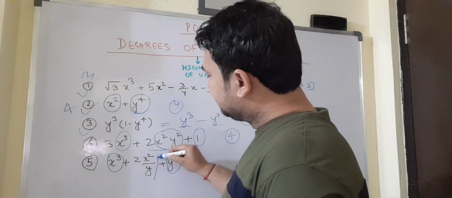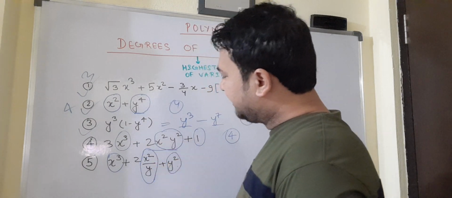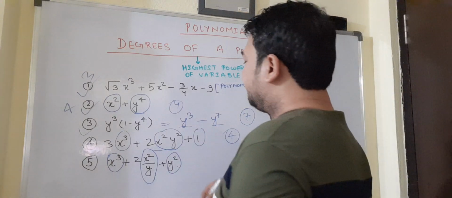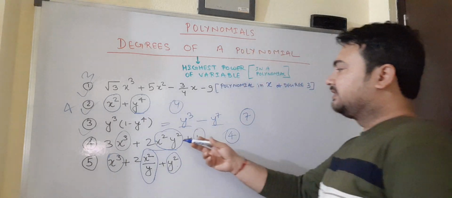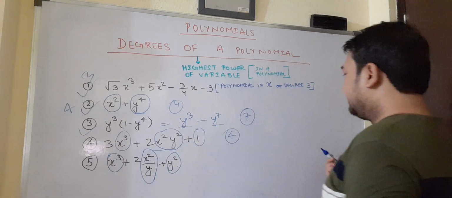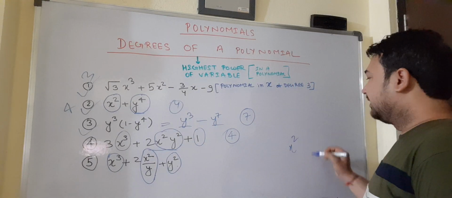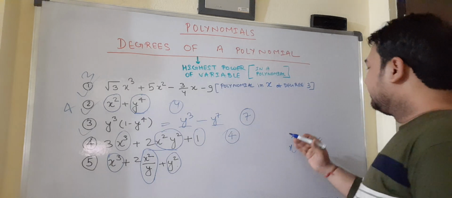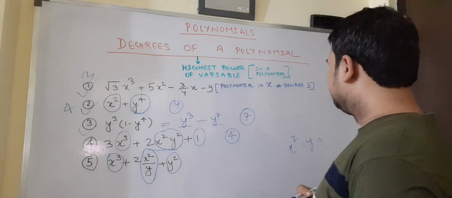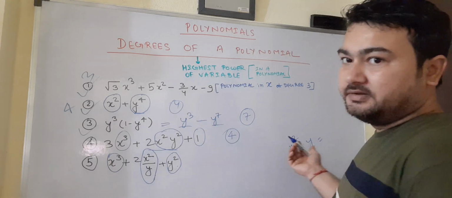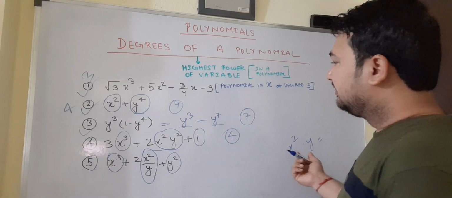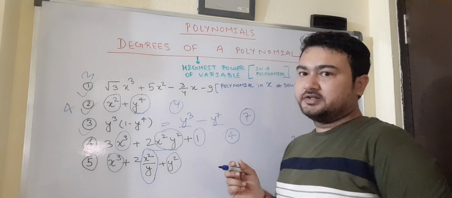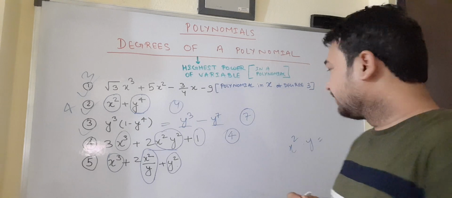What about this case? Here you have variable x square by y. Before proceeding like your previous case, where if it was x square y, then you had counted the power as 3 and then compared it with other terms and their variable powers.